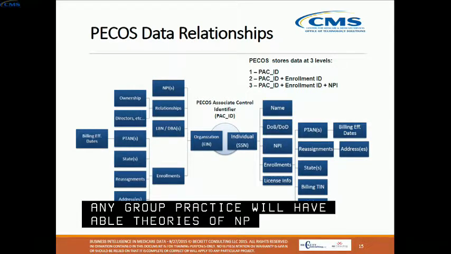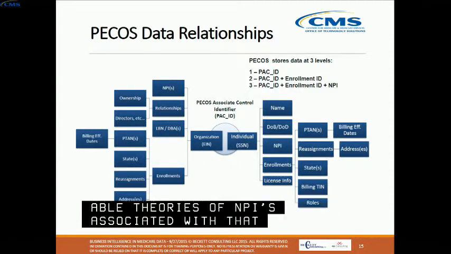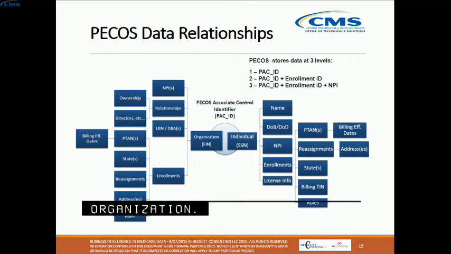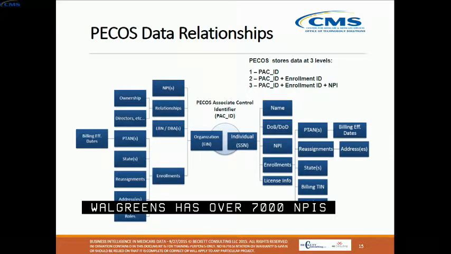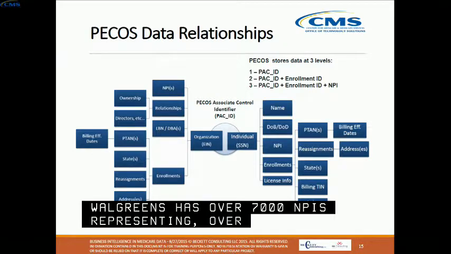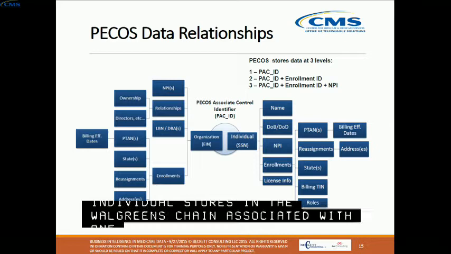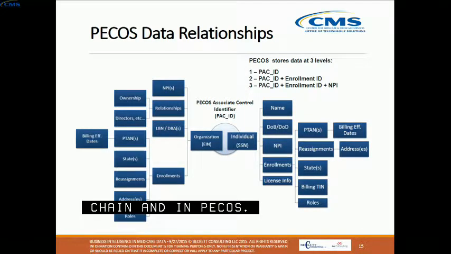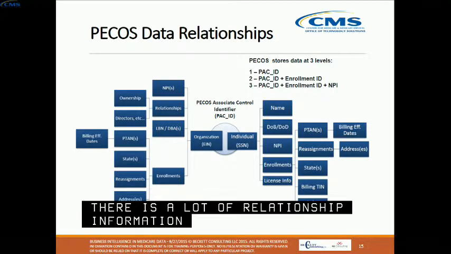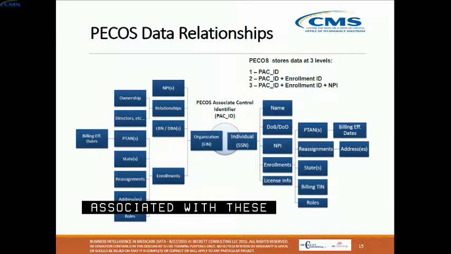So again, the example of Walgreens has over 7,000 NPIs representing over 7,000 individual stores in the Walgreens chain associated with one enrollment for the Walgreens chain in PACOS. There's a lot of relationship information in PACOS also associated with these enrollments, who owns the organization, who the directors are, that sort of thing.